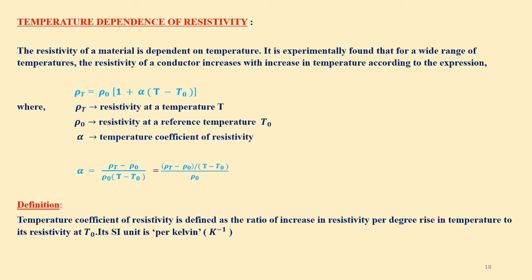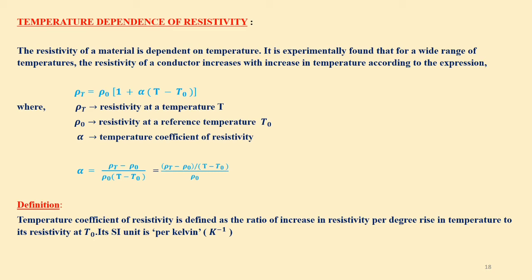Alpha is a constant which is called the temperature coefficient of resistivity. Now rearranging the above equation, it can be shown that alpha is equal to rho T minus rho naught divided by rho naught into T minus T naught. Once again, that is equal to rho T minus rho naught divided by T minus T naught, whole divided by rho naught.